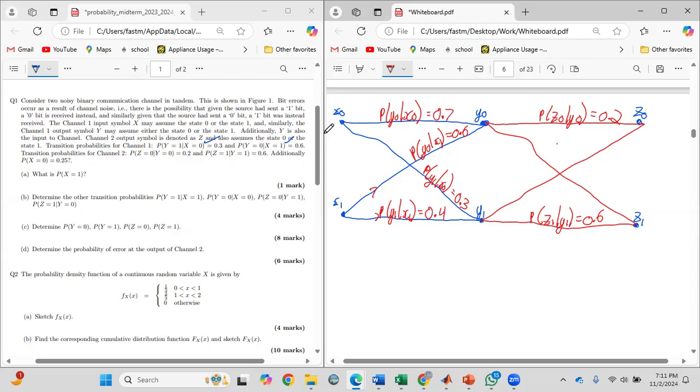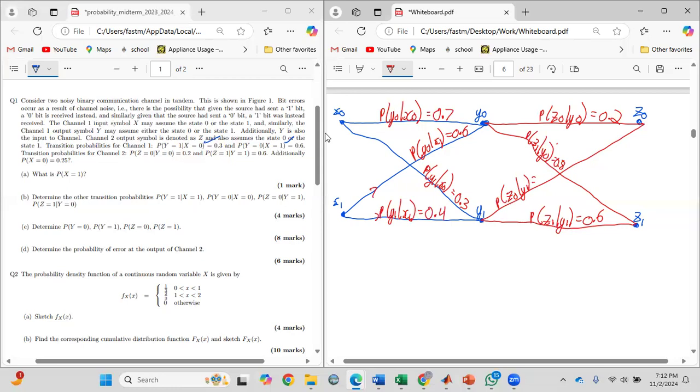Now we can do the same thing for channel 2. So we have here the probability of Z1 given Y0. That'll be the remainder from 1, which is 0.8. And then you have this piece up here, which is the probability of Z0 given Y1.